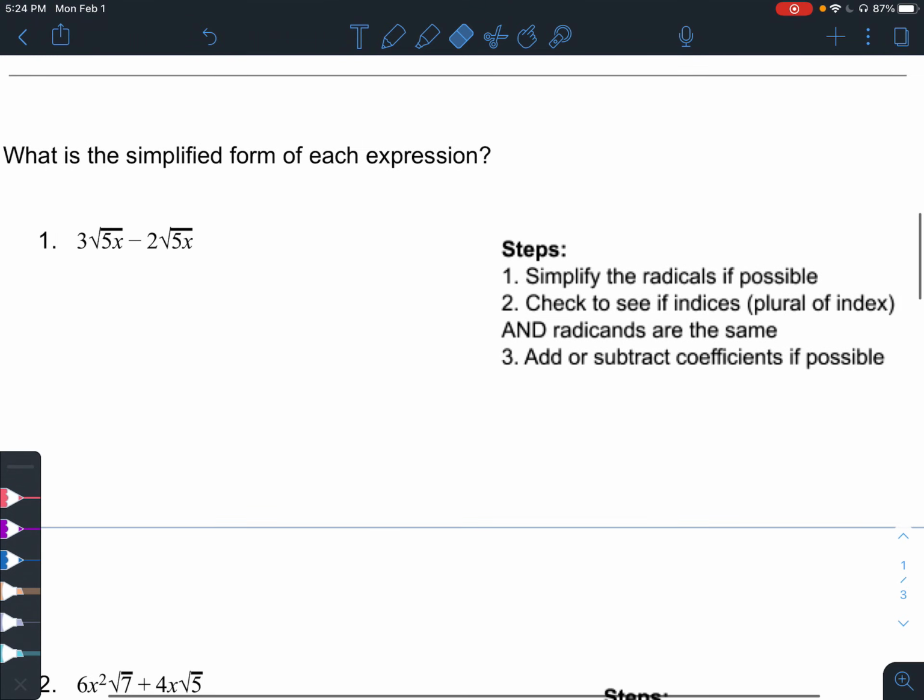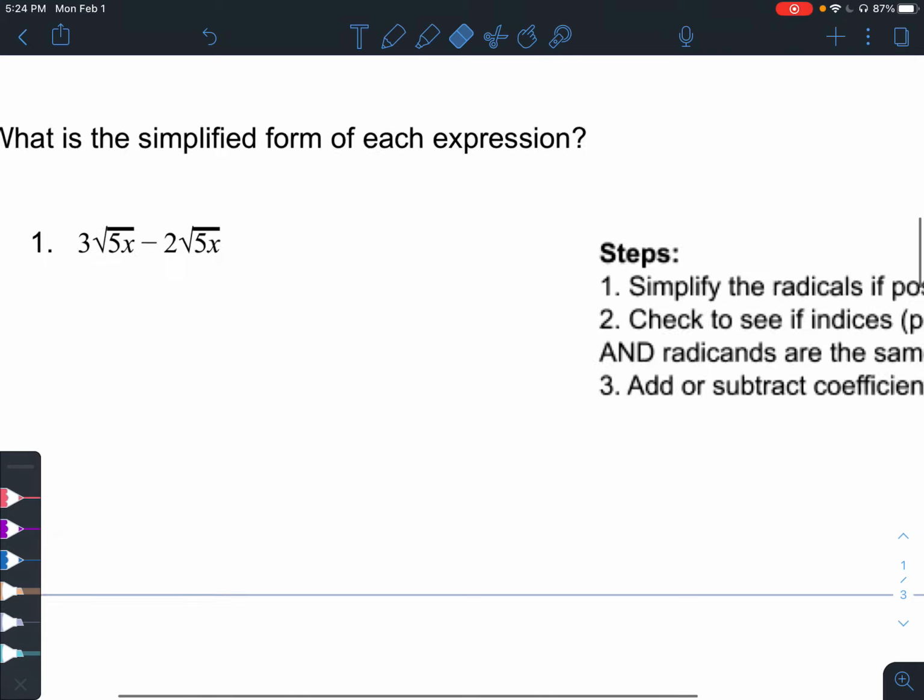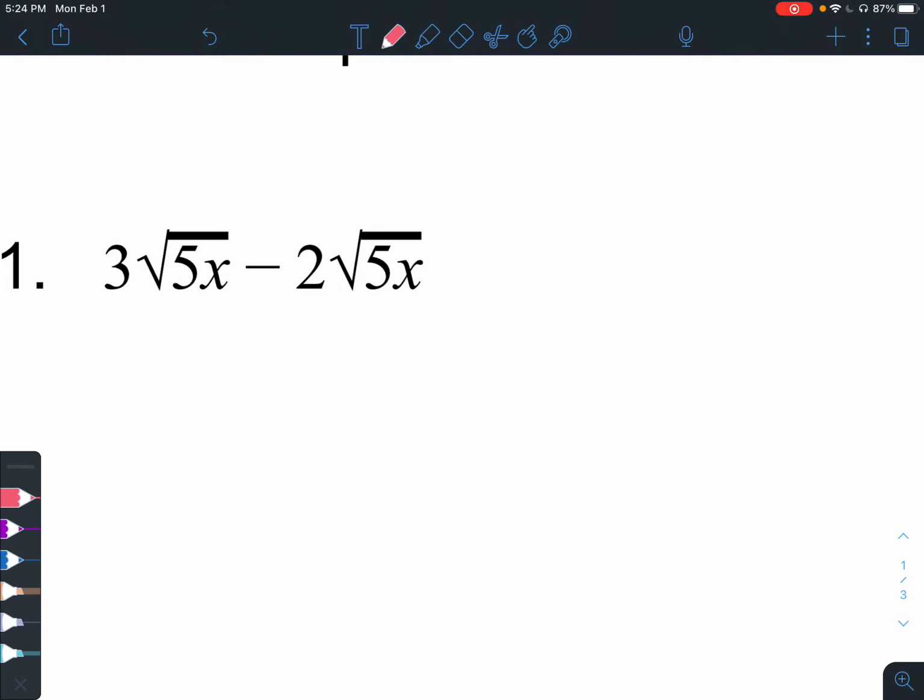Okay, so let's go ahead and talk about how to simplify. So first we want to simplify the radicals where we can. In this particular problem, it's already been simplified. Then we want to check to see if the indices and radicands are the same. So check this problem. We've got 2 invisible 2's, so that's good.